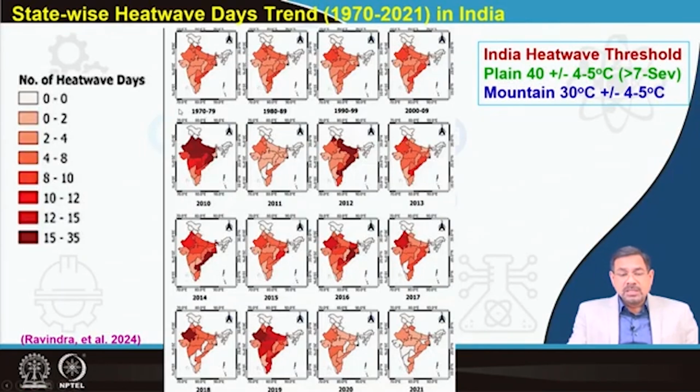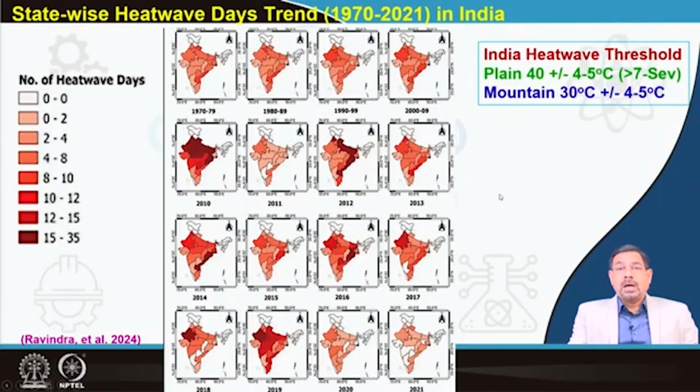This is between a range, but then it has been shown between 2010 to 2021, you can see the annual pattern as far as the number of heat days our country has experienced between 2010 to 2021.